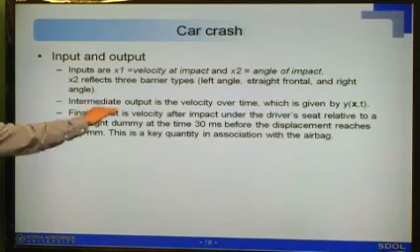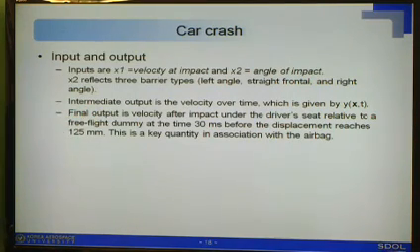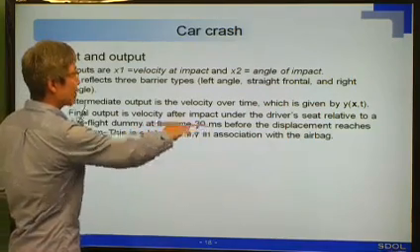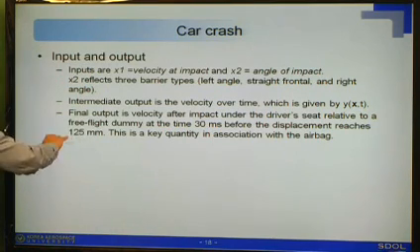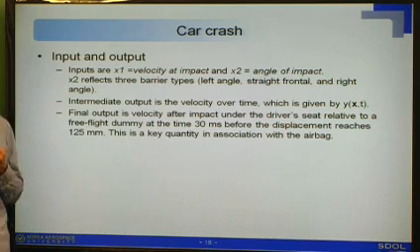We obtained an intermediate output, which is the velocity over time. But the real output we need is a specific scalar quantity, the velocity at the time 30 milliseconds before the displacement reaches this value. Very important quantity for the airbag design.